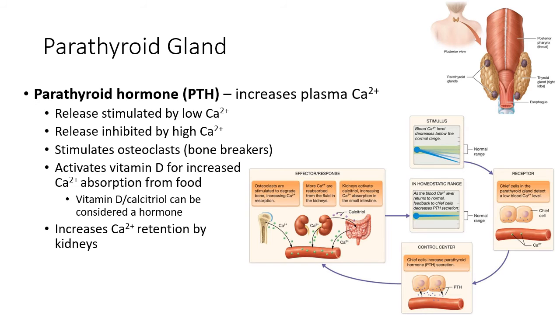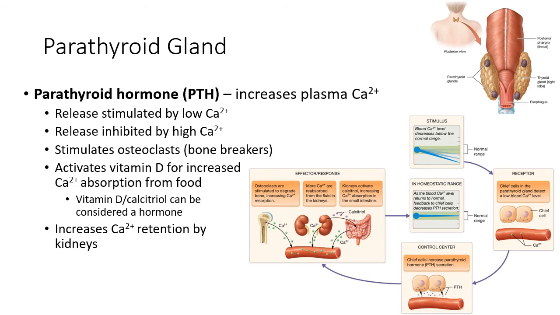Another thing it does is activate vitamin D. Vitamin D, you would either get it from your diet or it would be made in your skin by the sun. But whether you're getting it from your diet or making it in your skin, it's inactive. Vitamin D is inactive when you first get it. It has to be activated by parathyroid hormone.